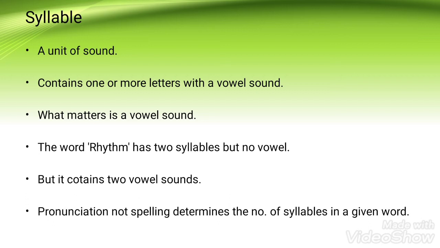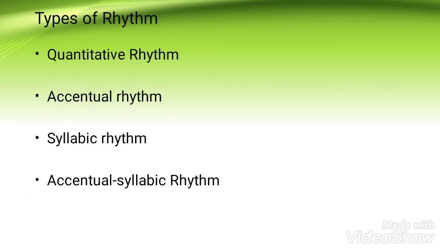As far as types of rhythm are concerned, there are four types of rhythm, and these poetic devices are prescribed for your study just for identification. So we are taking rhythm superficially, and the types of rhythm are well connected with meter, and for meter I shall deliver a separate lecture.